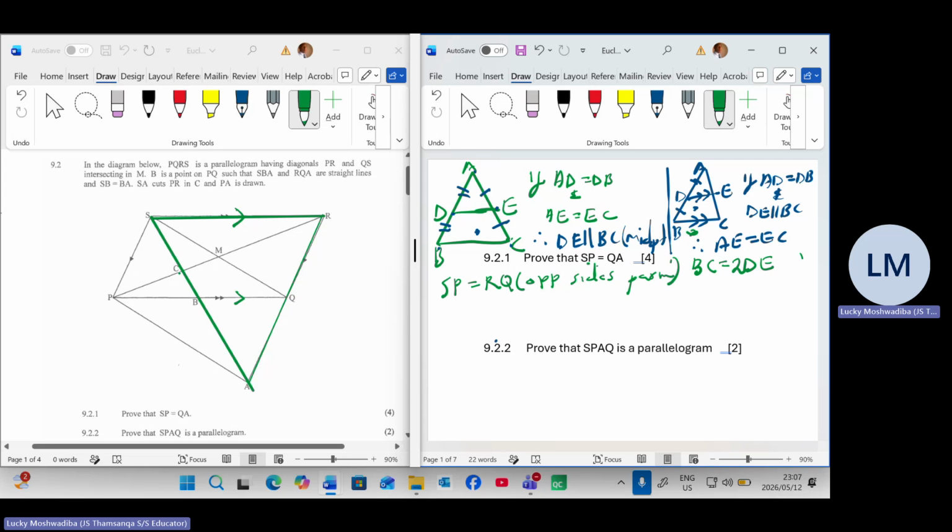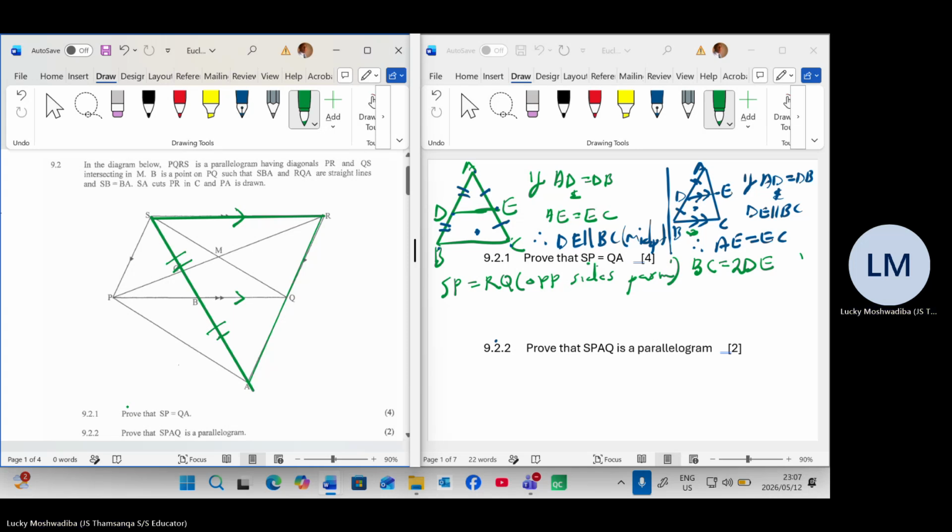We were told that SB is equal to PA. And I just pointed out to you that since PQRS is a parallelogram, then that implies SR is parallel to PQ.